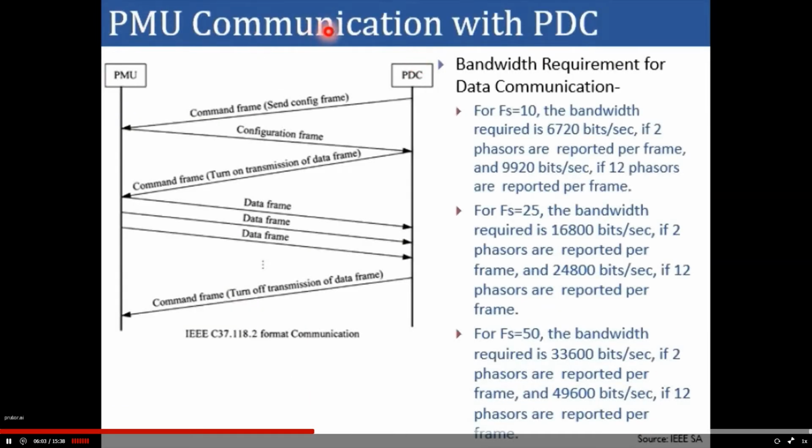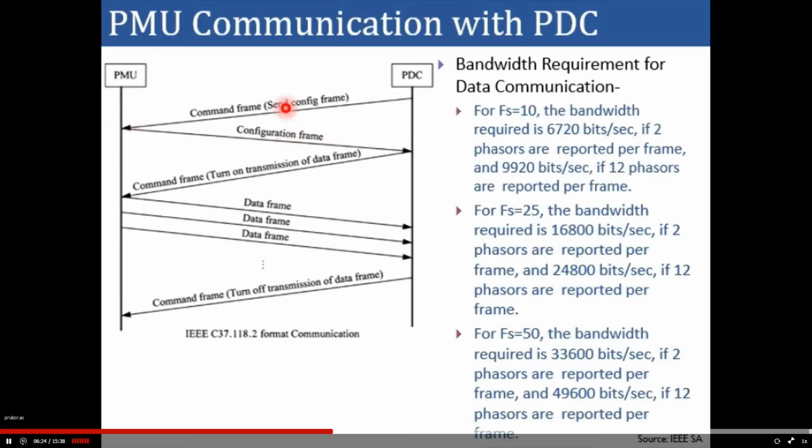Now, how does it communicate with the phasor data concentrator? So there happens a handshaking between PDC and PMU first. PDC first sends a command frame which asks for configuration information from PMU. So PDC will send command frame to PMU.